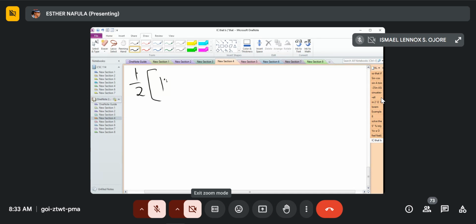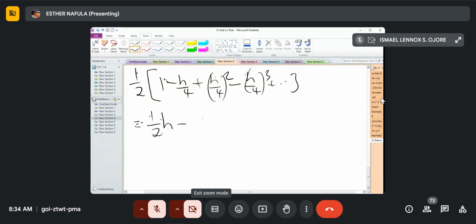Before distributing the half, we had 1 minus h over 4 plus h over 4 everything squared minus h over 4 cubed everything. Stop there. Then we had minus a third. Let's distribute this half before we go to minus a third. So this is a half, minus h over 8, plus h squared over 32, minus h cubed over 128.